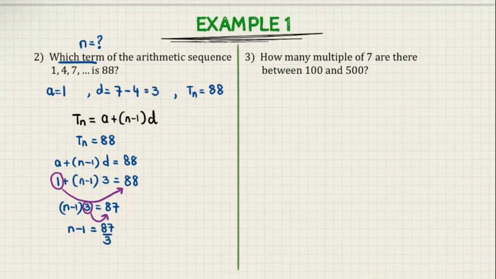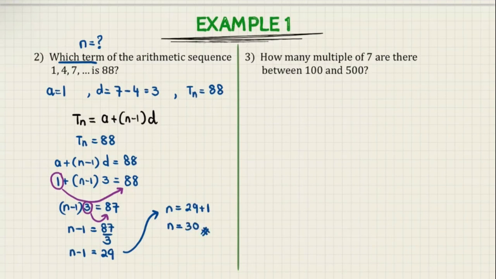Okay, 87 bahagi 3 berapa? Dapat 29. So n minus 1 is equals to 29. Kemudian n will be equals to 29 tambah 1 dapatlah 30.